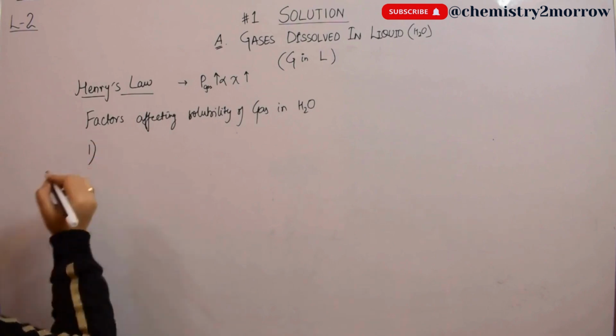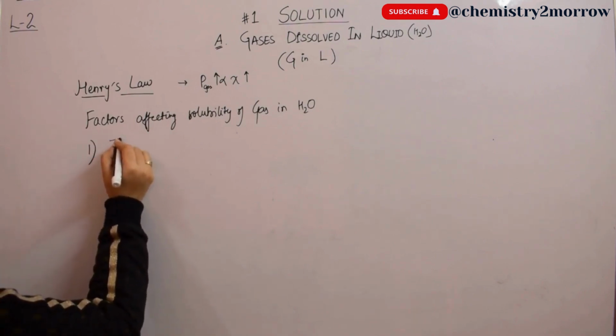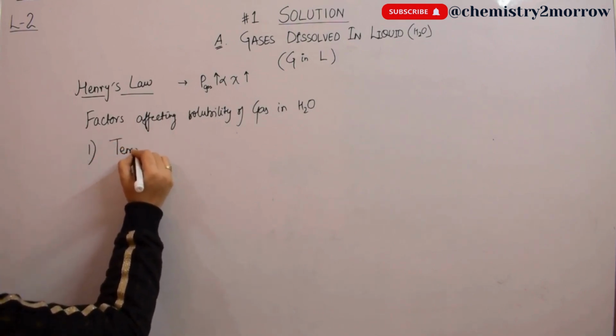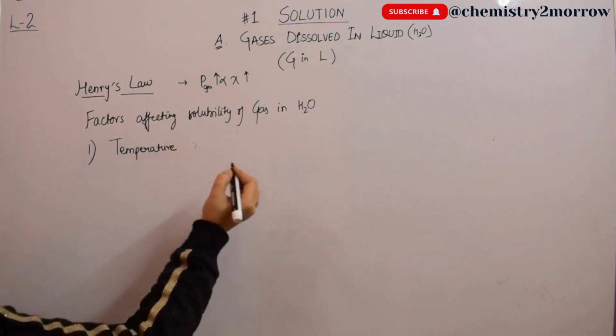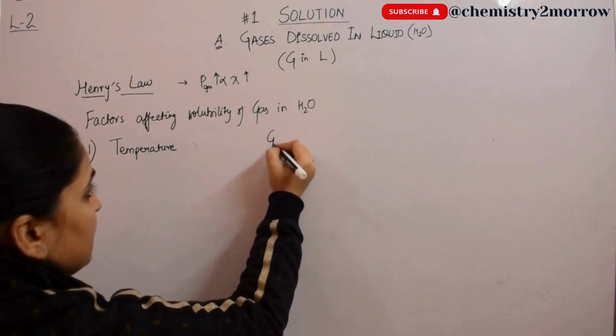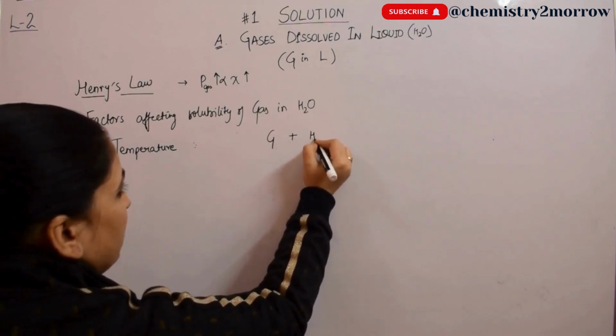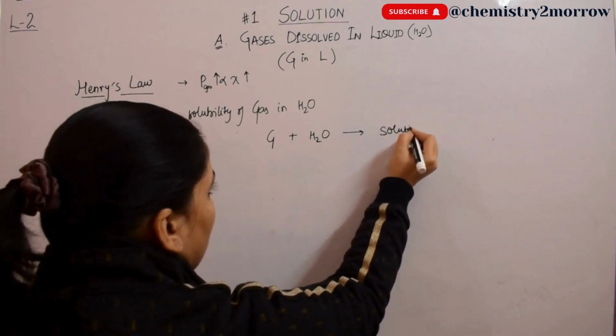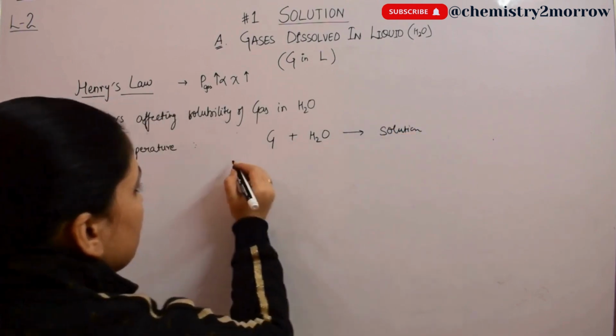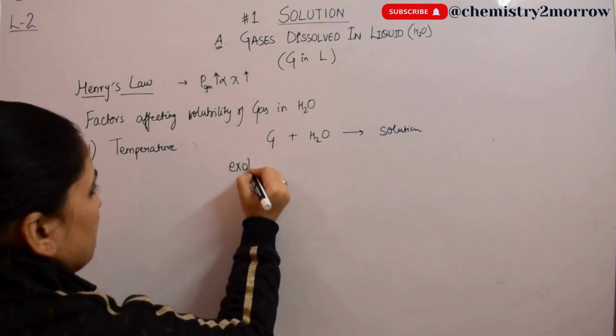The first factor, as I had discussed before, is temperature. In the case of any gas dissolved in water forming a solution, this kind of process is an exothermic process.